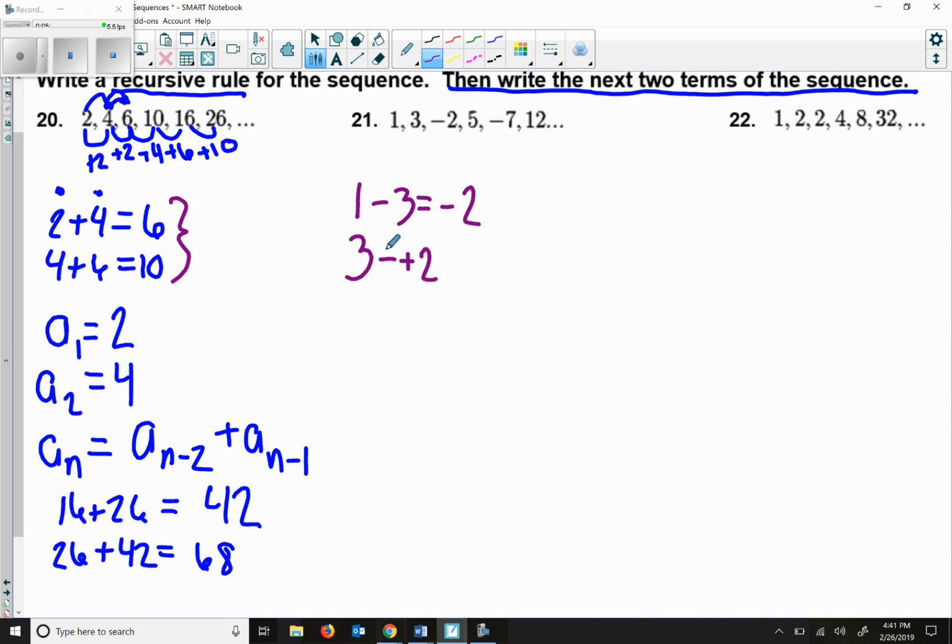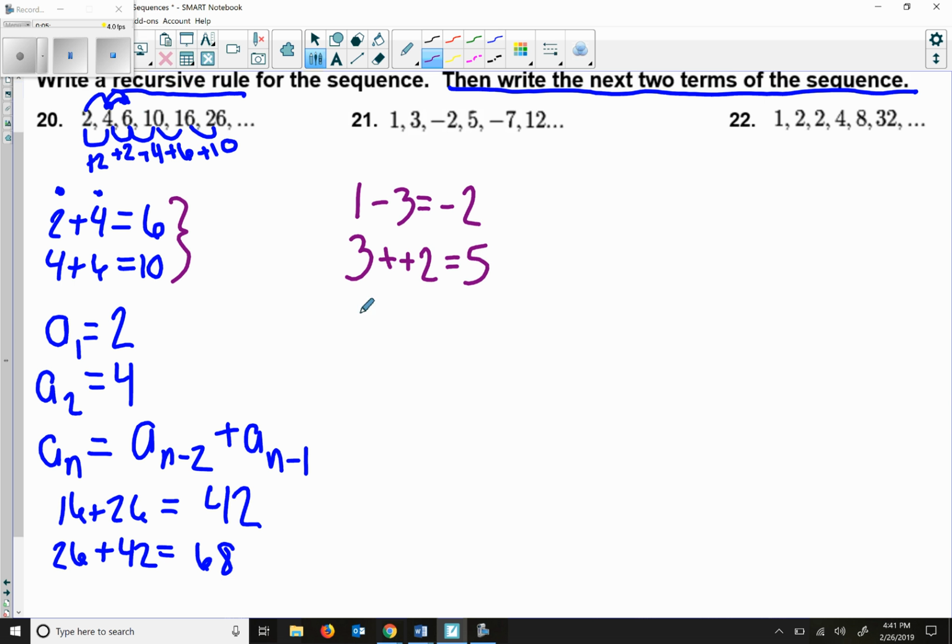Remember, if you're subtracting a negative, you end up adding. That gives you 5. Negative 2 minus 5 gives you negative 7. 5 minus negative 7 gives you 12. That's how these numbers alternate signs: you're subtracting, and when you subtract a negative, you end up adding.